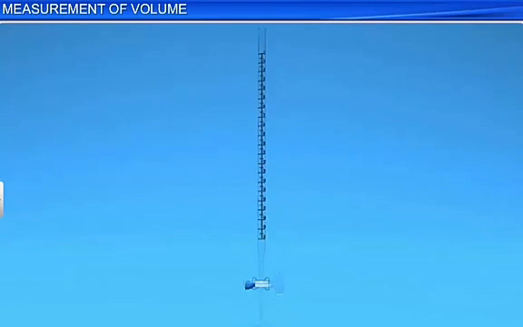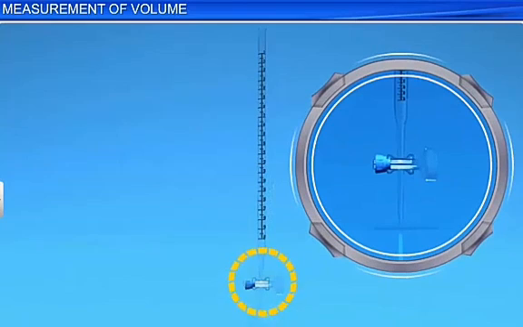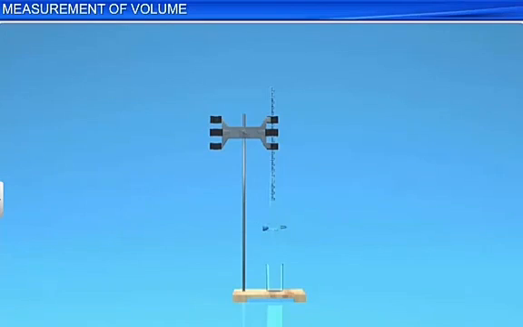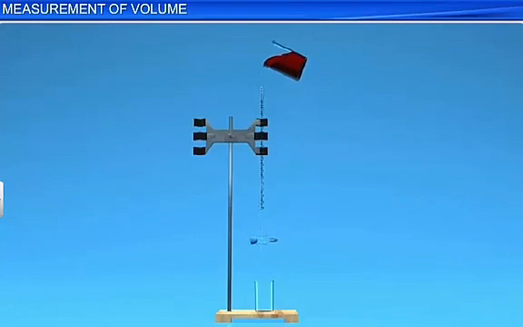The burette is a long cylindrical tube with a nozzle at one end. The cylindrical tube is graduated in milliliters or cubic centimeters. The volume of the liquid to be collected can be controlled with the help of a tap fixed at the nozzle. The burette is clamped in a vertical position to a stand and is filled with the liquid.